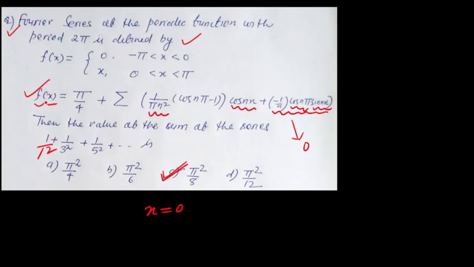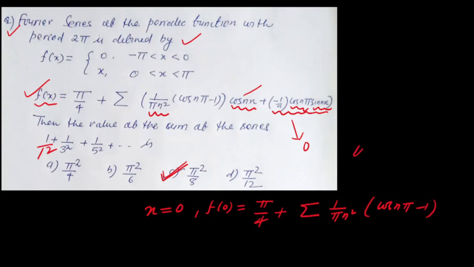So what will happen if I put this value? I will get f of 0 is equal to pi by 4 plus summation. If I put 0 here, this cos 0 into n, cos 0 will all become 1. So I will get this summation, 1 by pi n square and cos n pi minus 1.